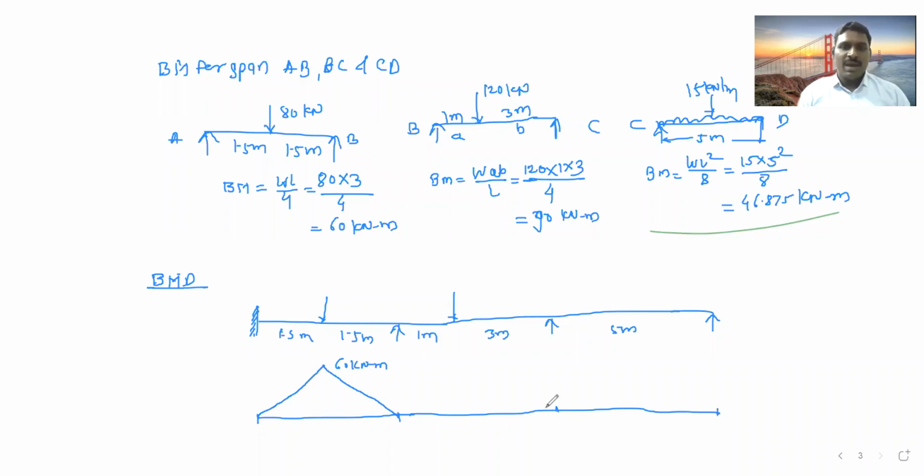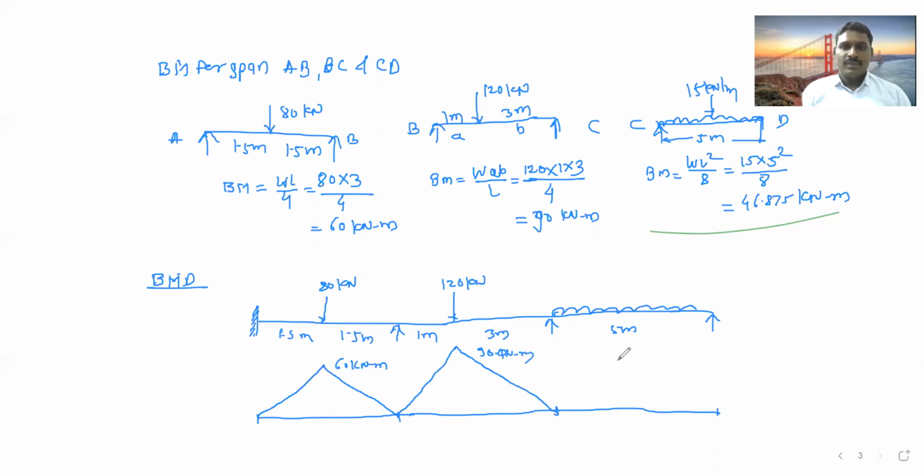Now span BC. Again a straight line. How much? 90 will be there. So this is 90 kilonewton meter.